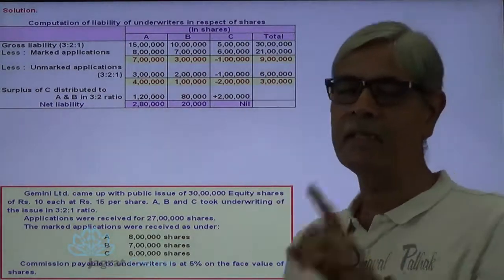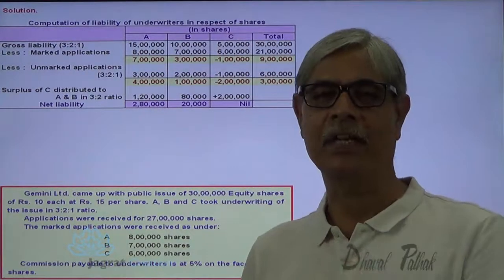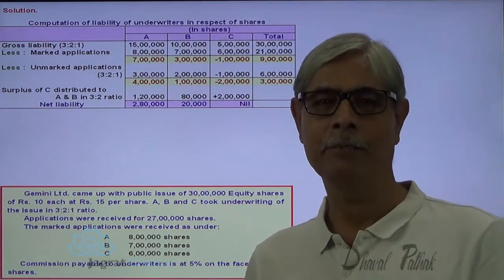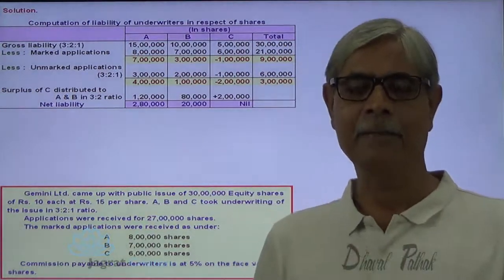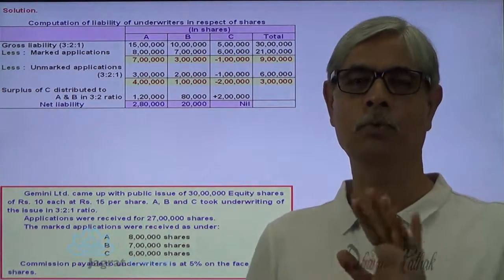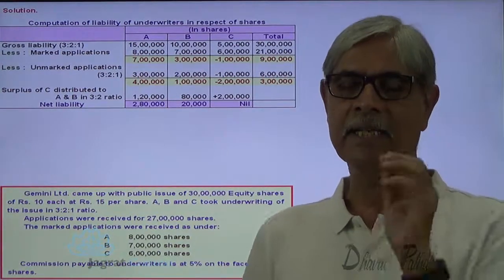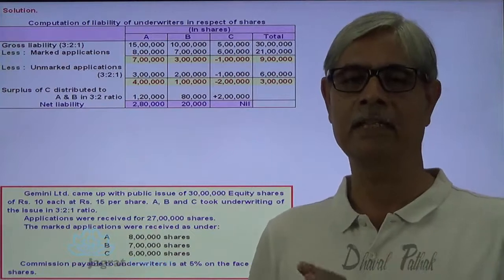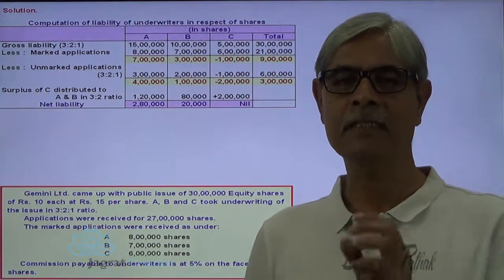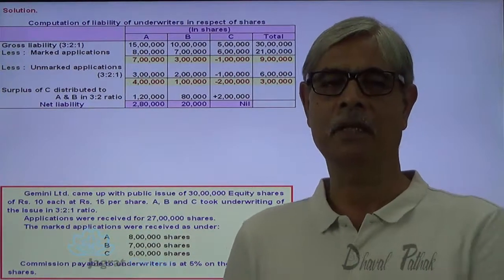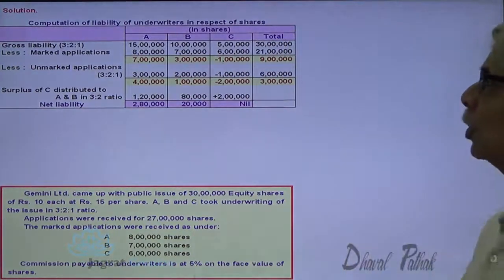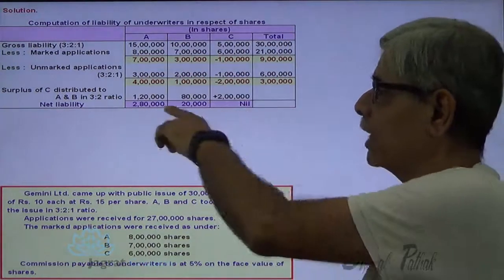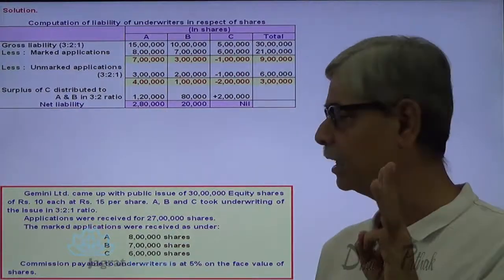So C is not required to take any shares of this company under this underwriting agreement because there are no firm shares, and his efforts for marked applications are much more than his gross liability under the underwriting agreement. So only A and B are required to take shares. 2,80,000 plus 20,000, 3 lakhs.